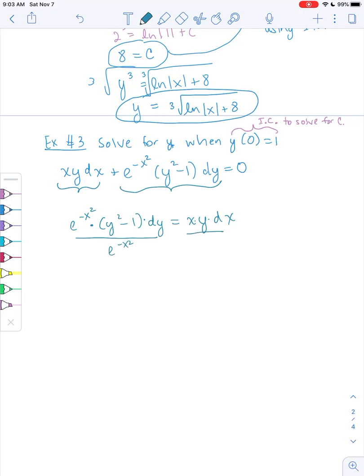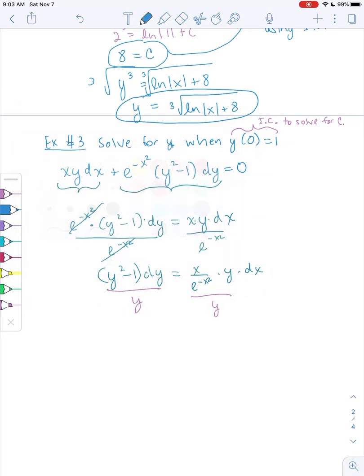So I'm going to divide e to the negative x squared to the other side and be left with y squared minus 1 dy on the left, because the e to the negative x squared canceled out. I have x over e to the negative x squared, or we'll fix that in a minute with the negative exponent, times y times dx.